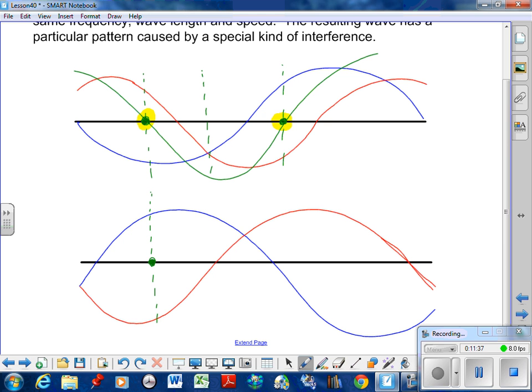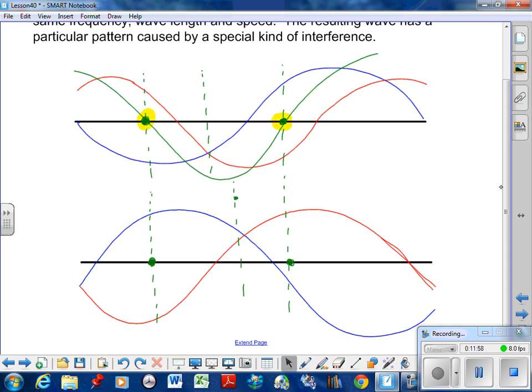I'm going to have a destructive interference in the exact same location, and similarly, it's off a little bit. I wanted to have destructive interference there as well. And here is where that super crest or super trough, I've skewed a little bit here. But anyway, it gives you a general idea of what's happening.